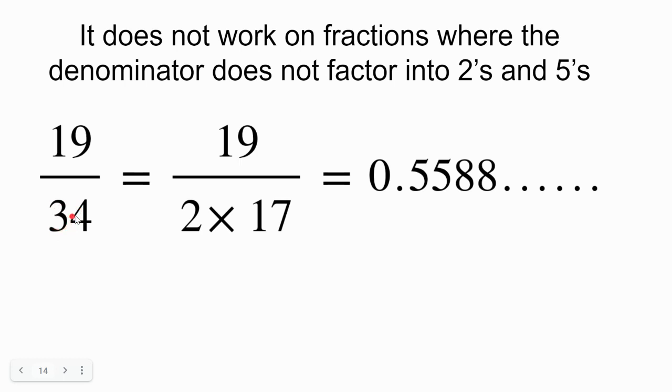So 34 can be factored into 2 times 17. 17 is not a 5, so if I put this in my calculator, 19 divided by 34, I would get 0.55882352941117, and kind of goes on and on from there. Okay, but the important thing for right now is to know it is not a repeating number.